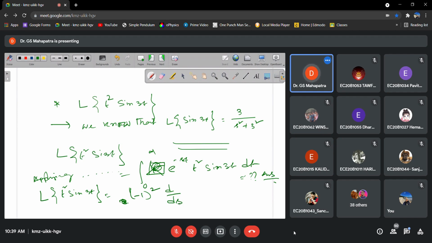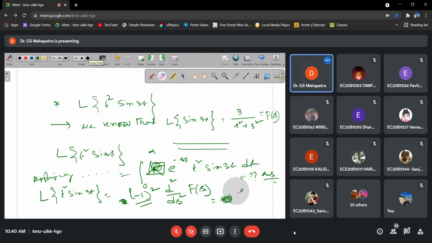Is it correct? No, sir. d square by ds square. Okay, d square by ds square. Correct. On capital F of s. What is this one? Am I correct now? So now you find minus 1 whole square means positive 1 only. Minus 1 into minus 1, so 1. Okay, so what we have to do then next?